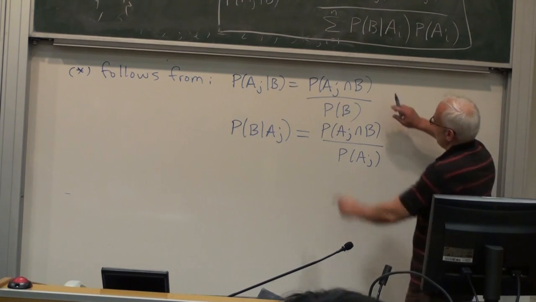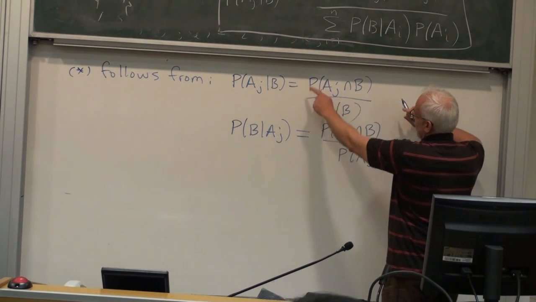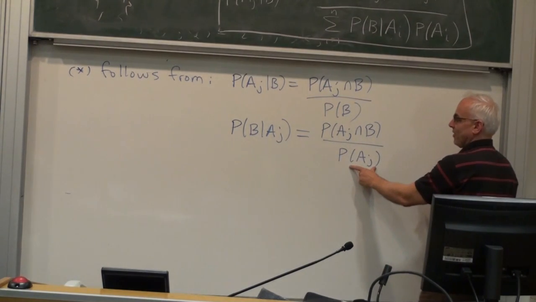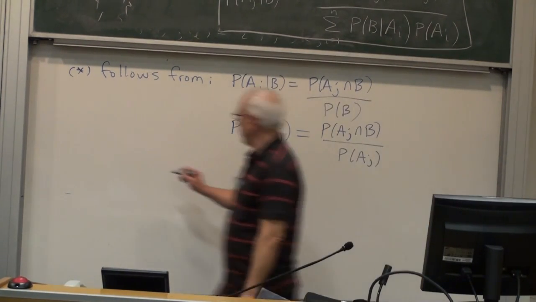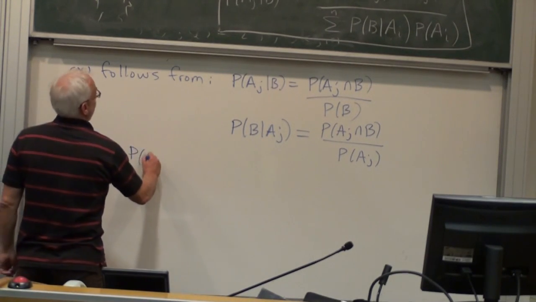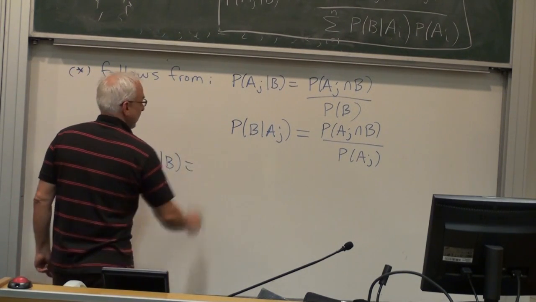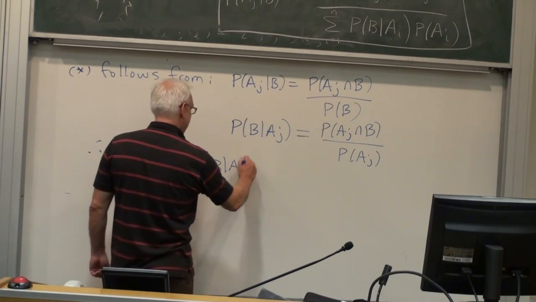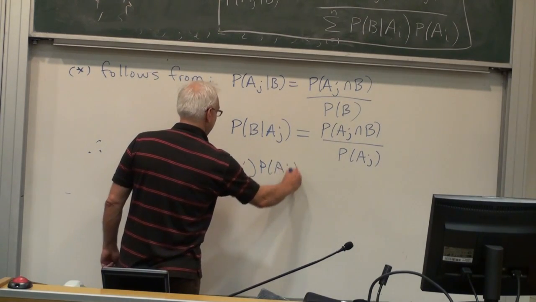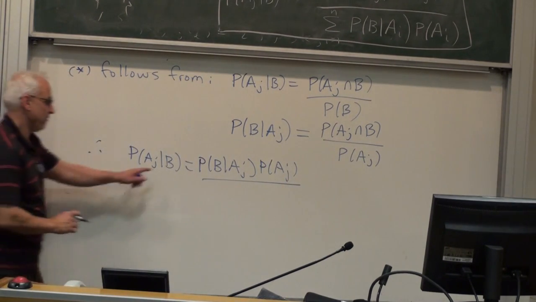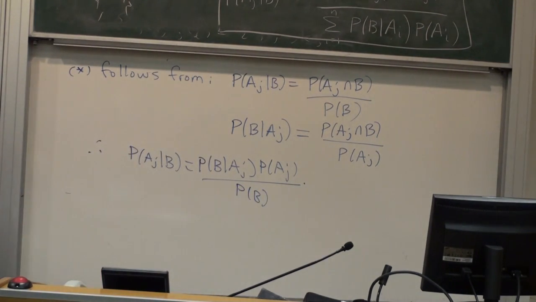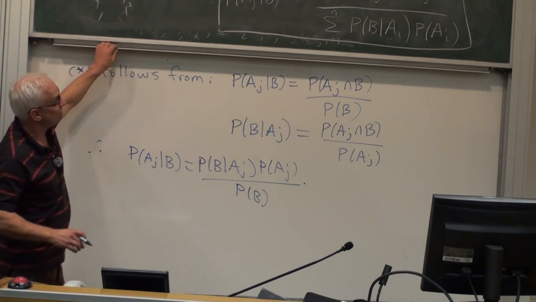So I think you can see that if you take this one here and you replace the probability of the intersection with this times this, then we get that the probability of AJ given B is the probability of B given AJ times the probability of AJ divided by the probability of B. That was the first rule that we saw up here.